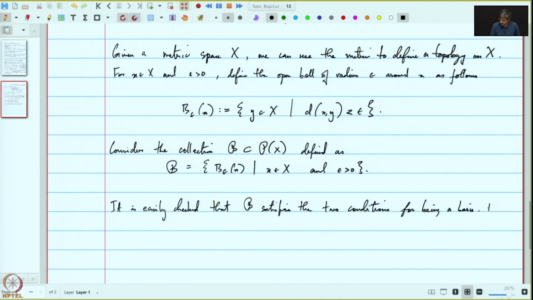Right? So thus B defines a topology tau on X which has B as basis.